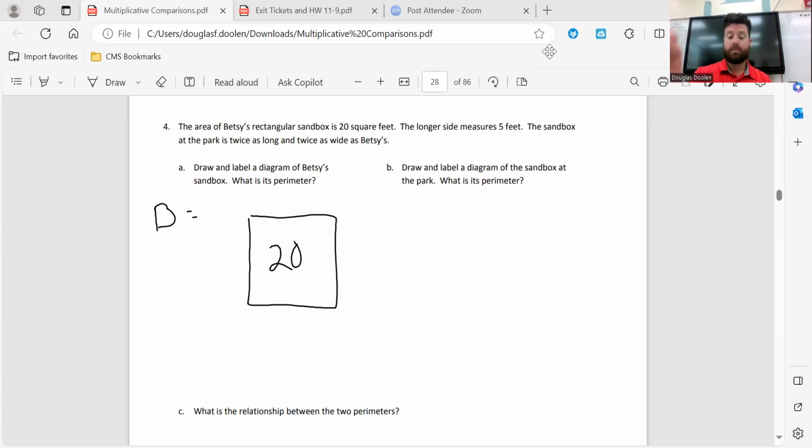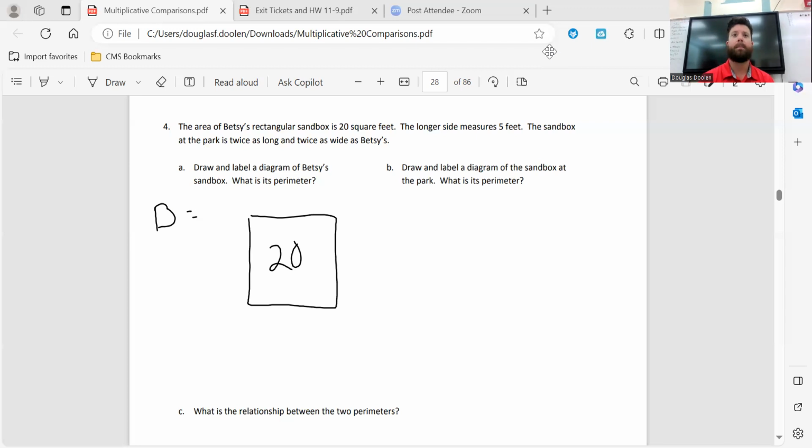Now, your brain should be going crazy right now with all these different possibilities, just like in literacy, right? We need to be using inferences. If I see that 20 is on the inside of a box, okay, it's my area. There's only so many different ways that we can go here, because we know that in order to get the inside, what operation do we use?